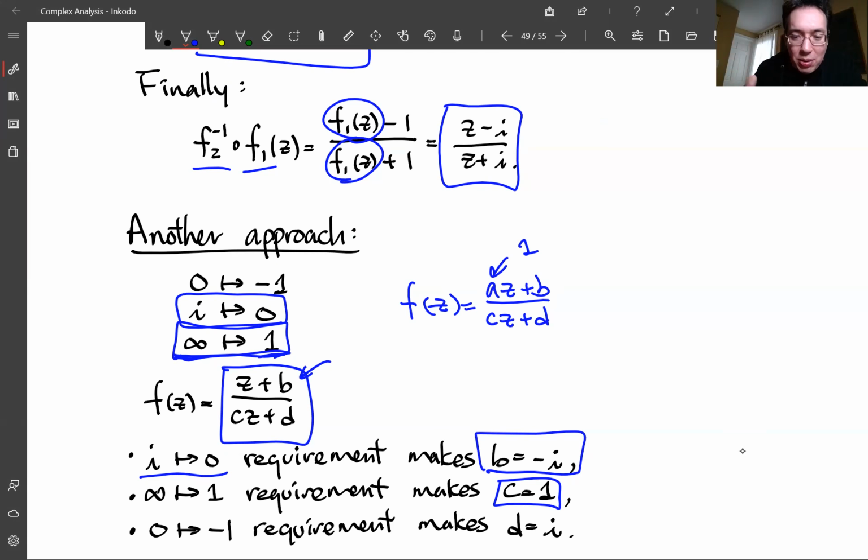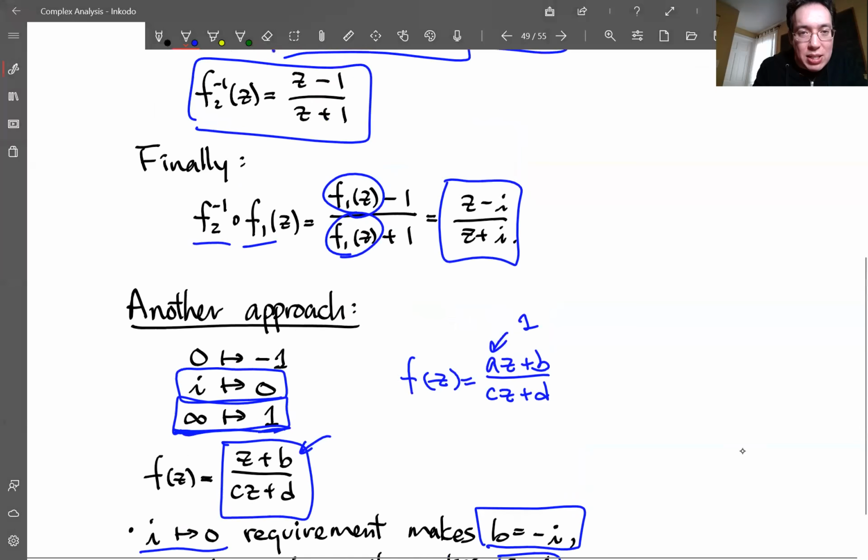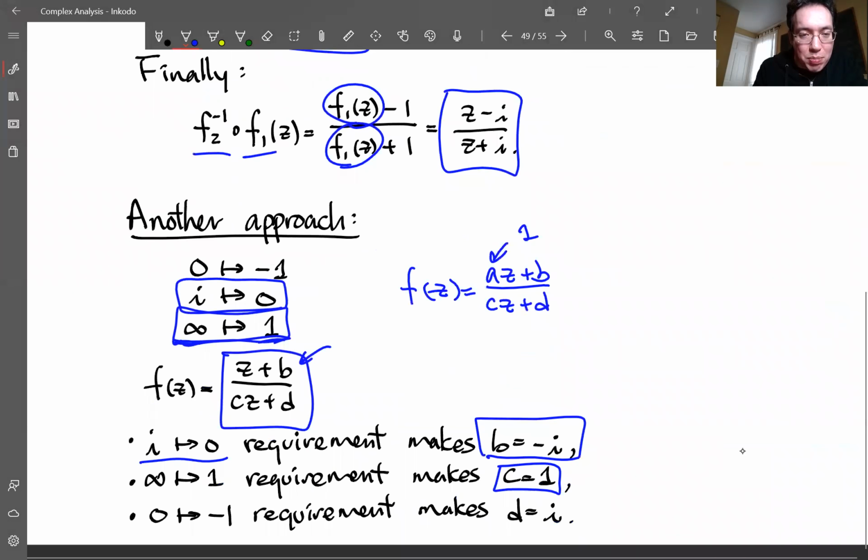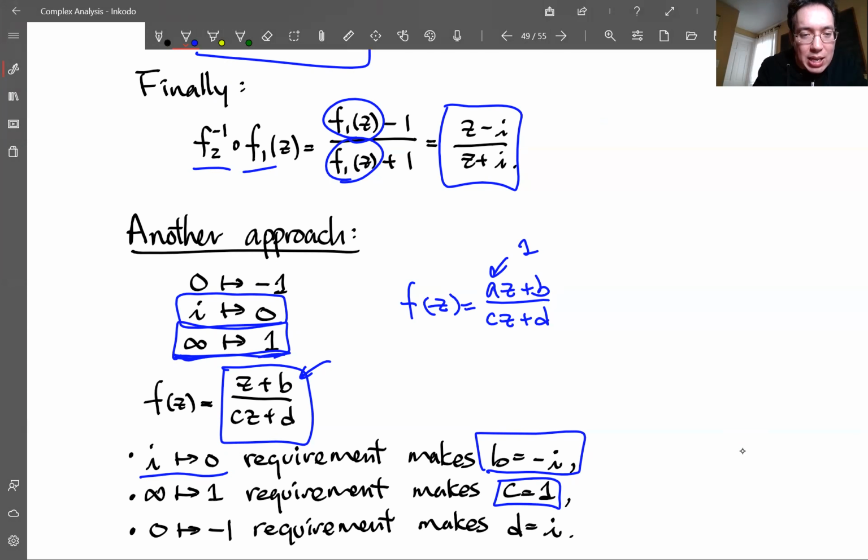So plug all that in, and plug in D. The last thing we have to plug in is 0, and get negative 1. So we got 0 minus I divided by 0 plus D, and we want that to equal negative 1.